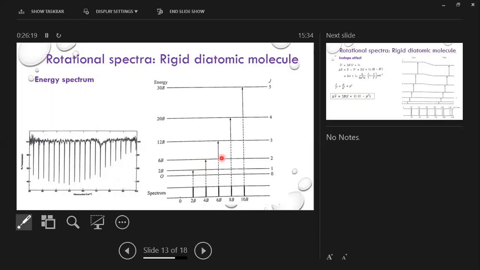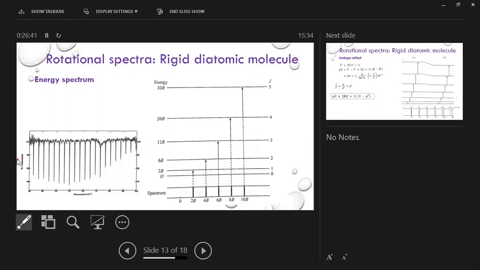From 2 to 3, ν̄ will be 12B minus 6B, that is 6B, and so on. So this will be 0, 2B, 4B, 6B, and 8B. The separation is the same: the energy gap is increasing, but the line separation in the absorption spectrum is the same.